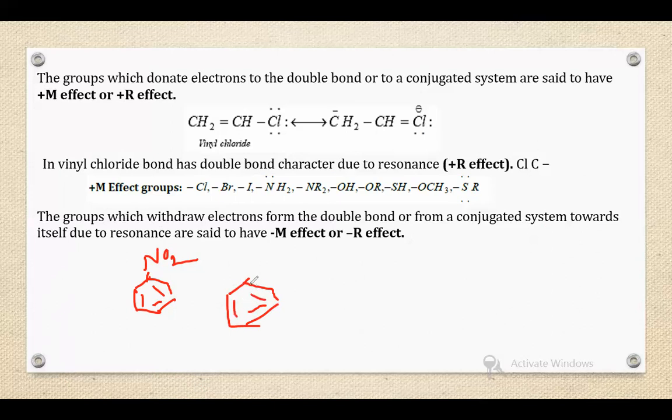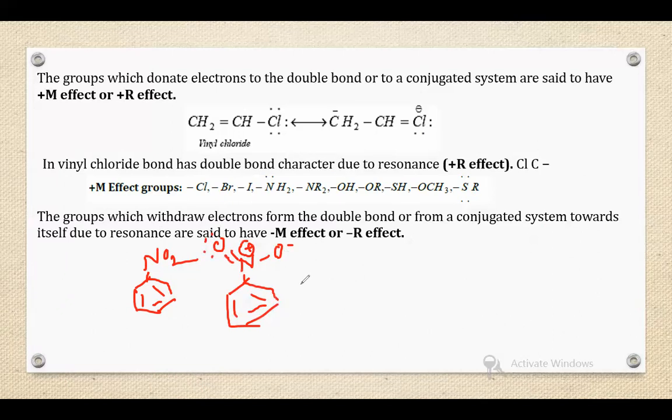The NO2 group itself undergoes resonance, forming an alternate double bond. So N will form a positive charge, and one oxygen will be negative. The other oxygen will have two pairs of electrons.